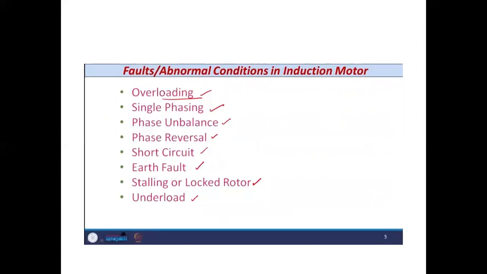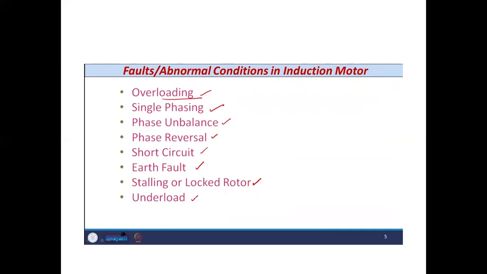These are the faults and abnormal conditions in induction motor, listed over here. The first one is known as overloading. The second is known as single phasing: one of the phases of the three phase induction motor is not available.